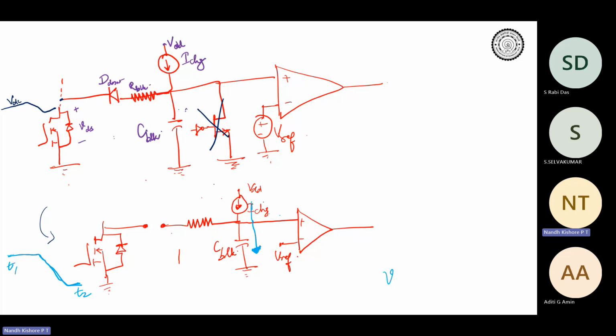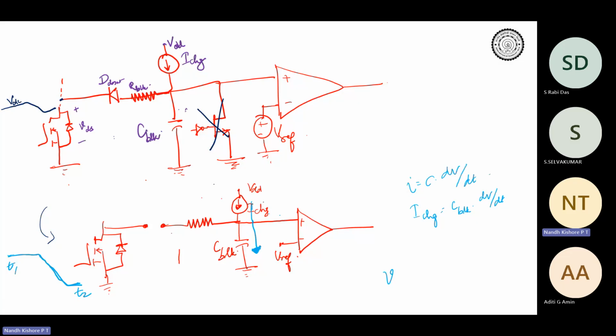Okay, so how would the voltage across the capacitor increase now? Can you tell? Would the increase be linear, quadratic, or a ramp, or how would the voltage increase? Linearly. Yes. So the idea is I is equal to C dV by dt, correct? So your I is simply I charge over here, and this is CBLK into dV by dt.